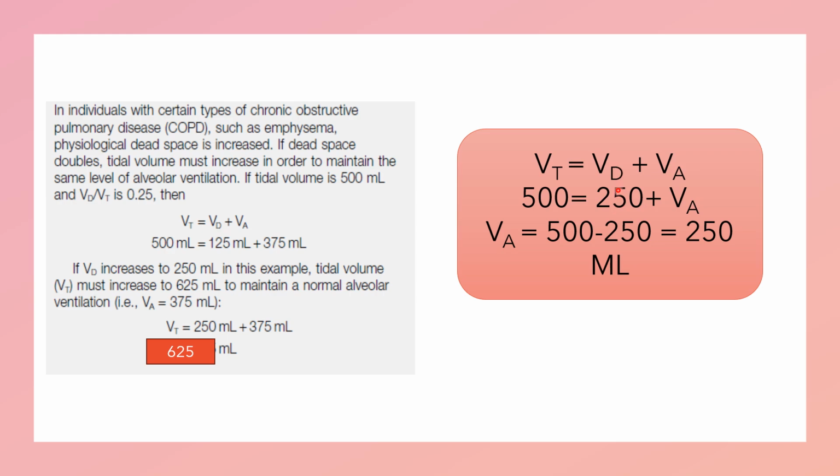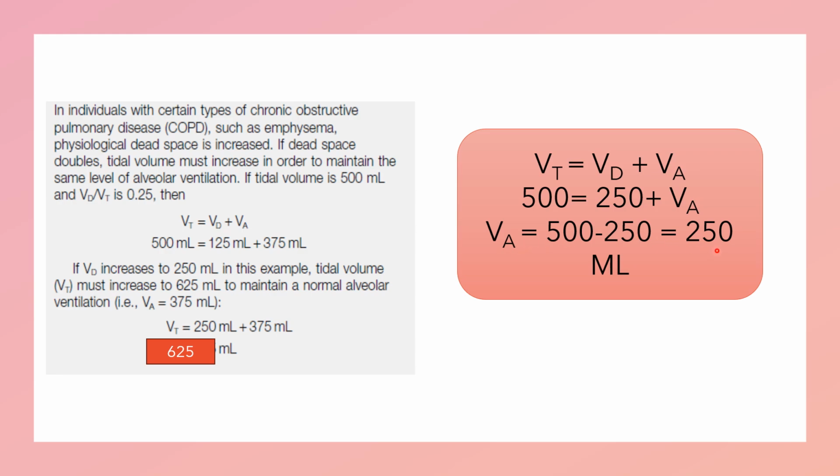Suppose the anatomical dead space is 150, and due to some diseases some wasted ventilation is also there, so the total comes to 250 ml. Now what will happen to the alveolar ventilation? VA will be 500 minus 250, which is equal to 250.